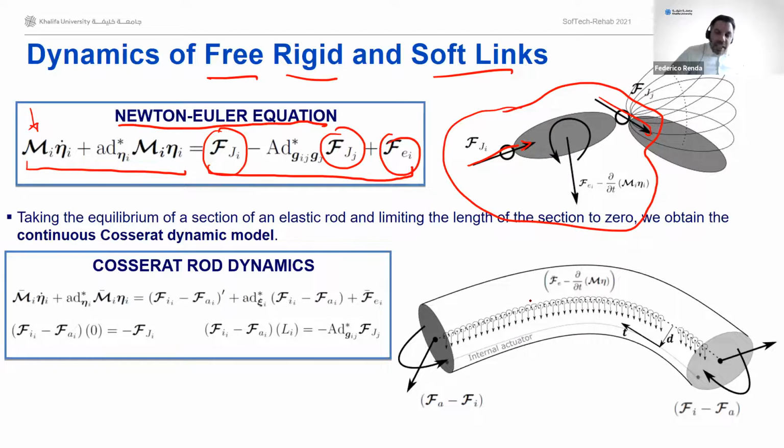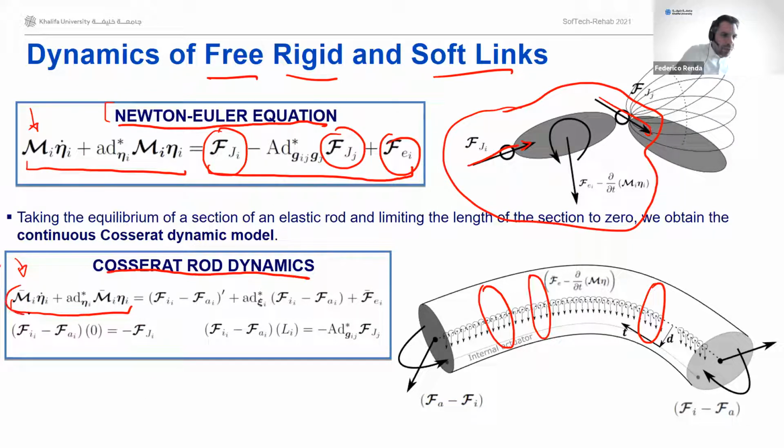For our soft link, we can use the Cosserat rod, the PDE of the Cosserat rod dynamics, partial differential equation. Again, in the Cosserat rod dynamics, we also use rigid cross-section. So this dynamics perfectly aligns with the kinematic assumption we have made so far. Those are the PDEs that I would like to show you are not so different from the Newton-Euler equation. On the left, we have the same effective inertia force.